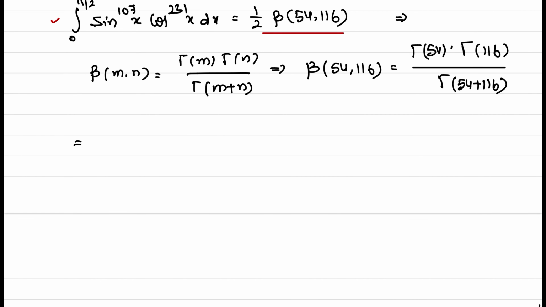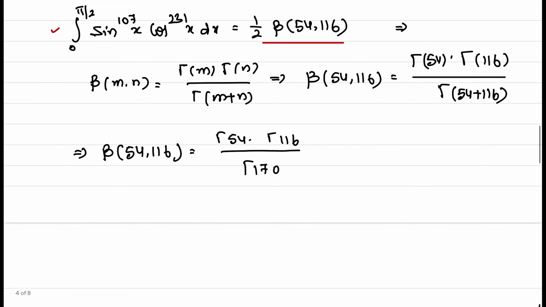That implies beta 54 116 is equal to gamma 54 into gamma 116 whole divided by gamma 170.